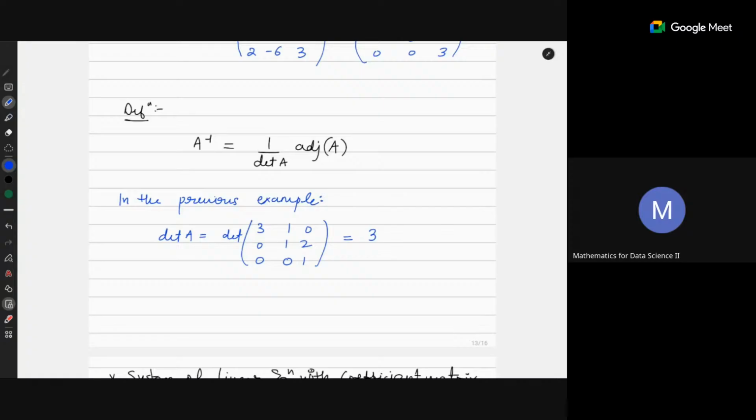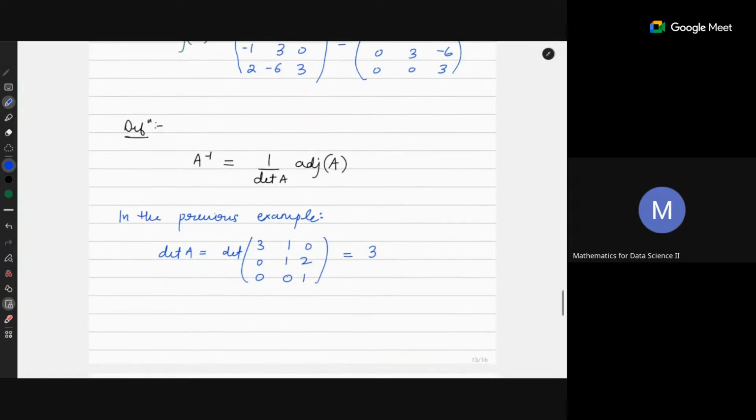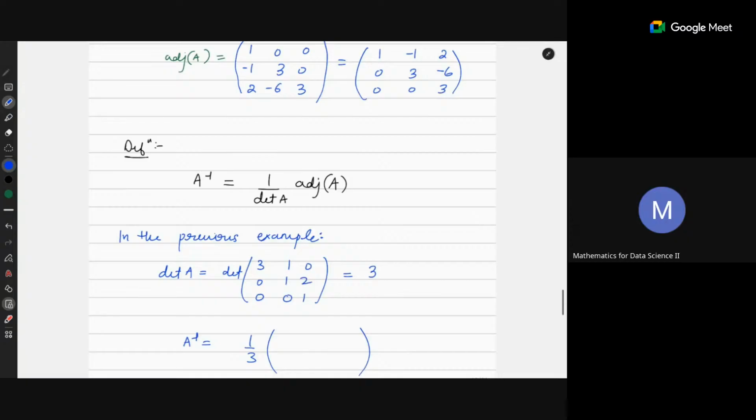Now you plug all these values into the formula for the inverse, and you will obtain the inverse of the matrix. So A inverse will be 1 by 3 of this adjugate matrix, which is 1, minus 2, minus 1, 2, 0, 3, 6, minus 6, 0, 0, 2.